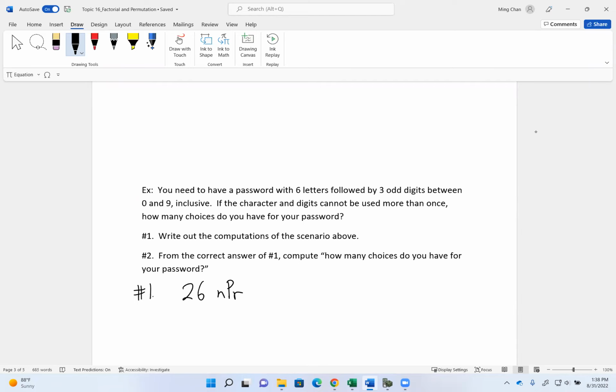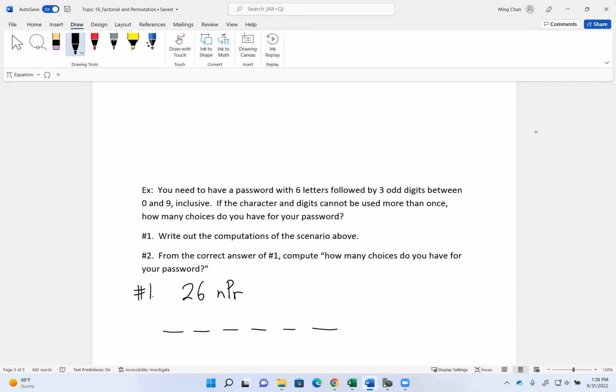So if the repetition is allowed, you use one letter and that letter can be used again. Let me do it right here. 1, 2, 3, 4, 5, 6 letters, right? If repetition is allowed, then for each letter we have 26 choices.